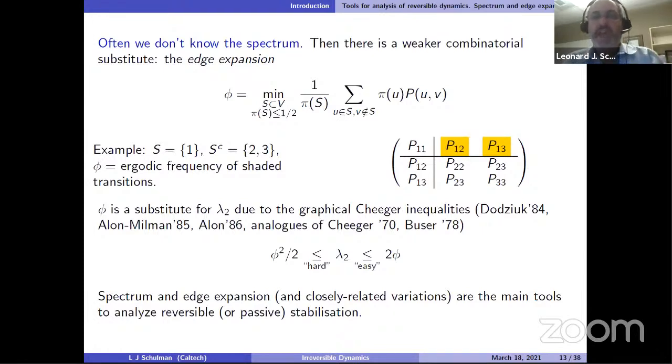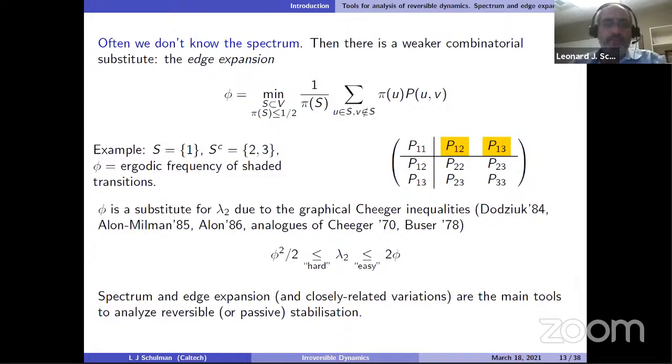And if for every such partition there's a lot of mass in the upper right block, that means that it's easy to escape every set S of states. And so you look at the min over all sets, and you basically look for the worst. It's kind of like saying that there's an obstruction for mixing, and that obstruction is just the single set S that's hardest to escape from.